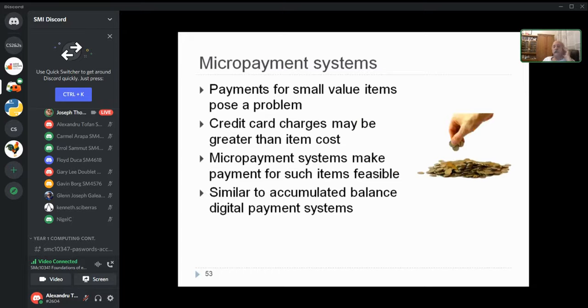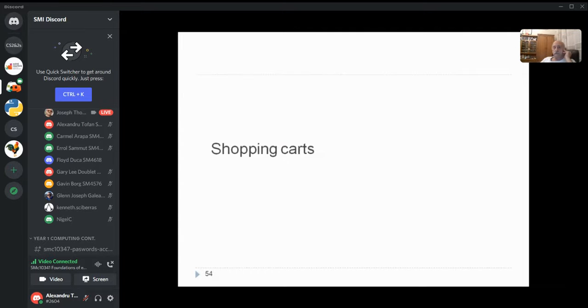So micropayment systems make payments for these items feasible. And it works similarly to accumulated balance digital payment system. So you are accumulating your purchases and then at the end of a period you pay just with one transaction.